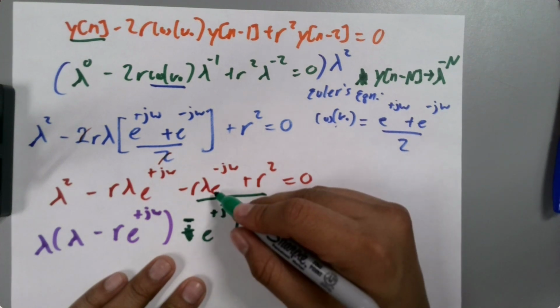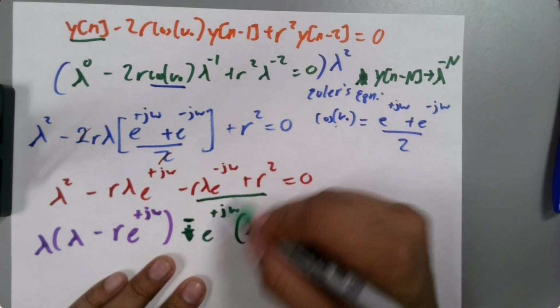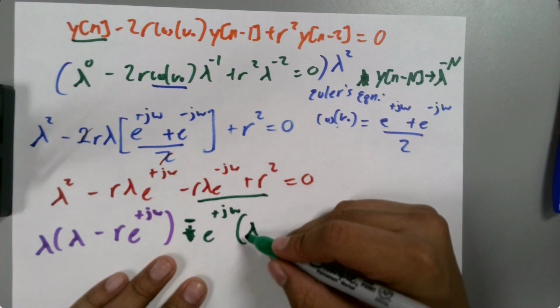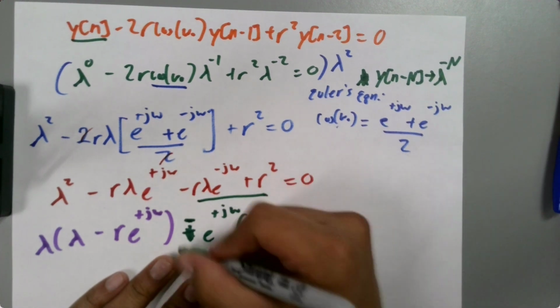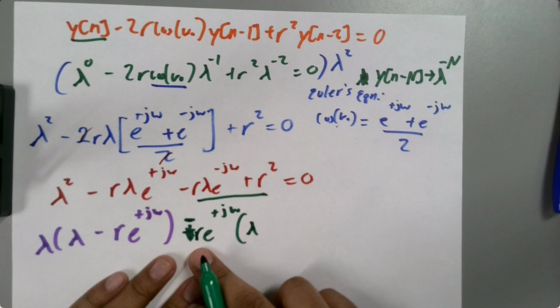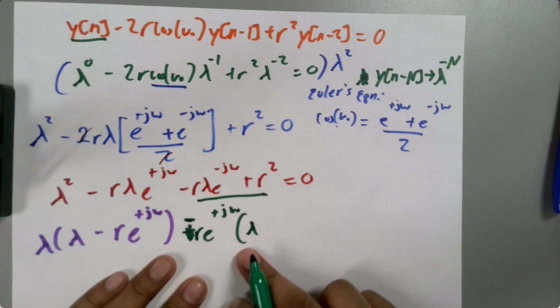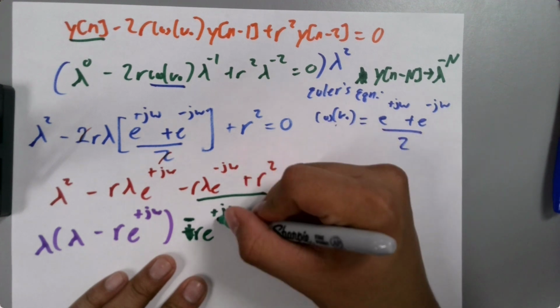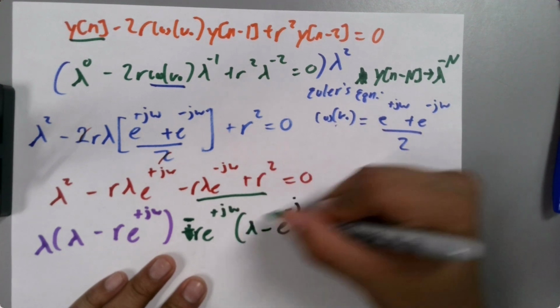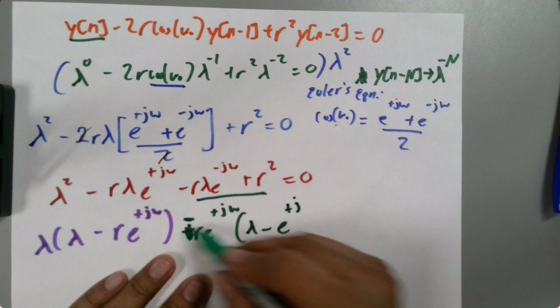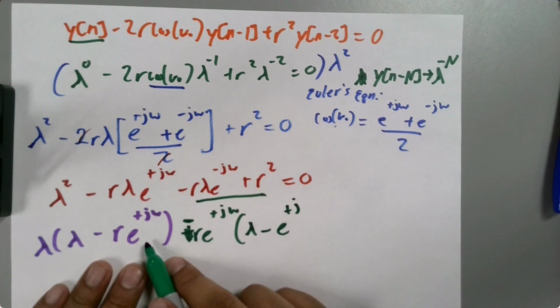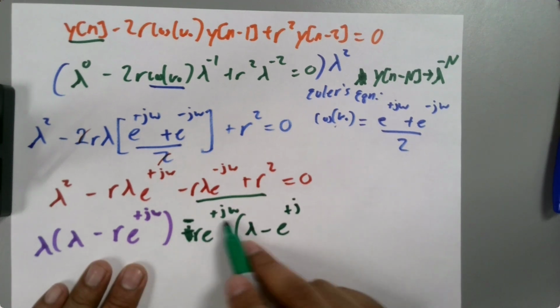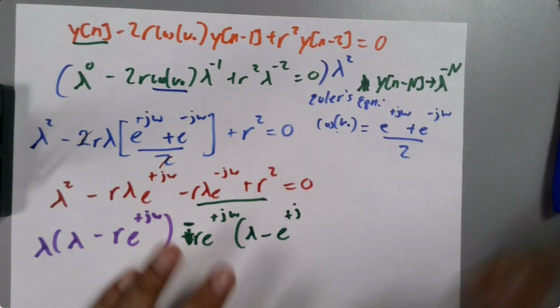R e to the j omega. Nope, we got to pull an r. Sorry, pull an r, keep the lambda. Minus e to the positive j omega. No, my bad. This is a positive. This is a minus.